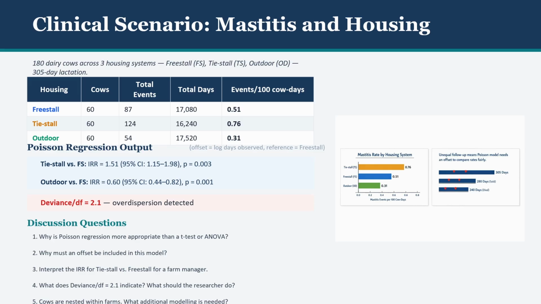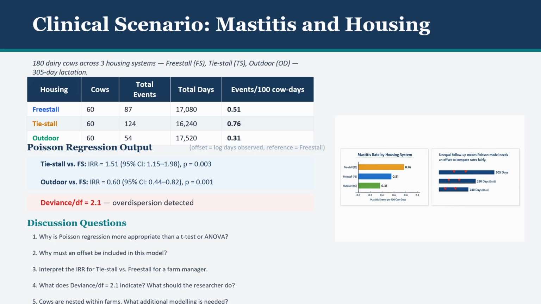For the farm manager, for every 100 days a cow spends in tie stall housing, she gets about 0.76 mastitis events, compared to 0.51 events in free stalls, about half an extra mastitis case per cow per year in tie stalls.